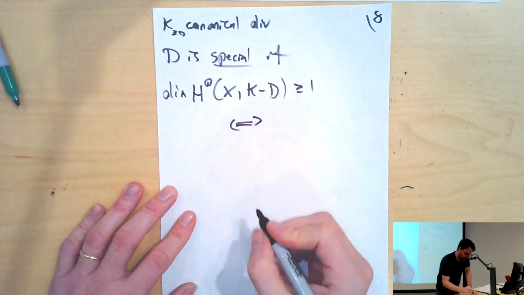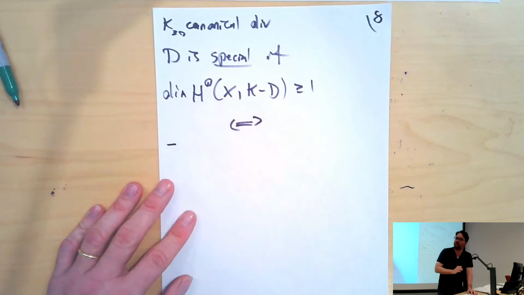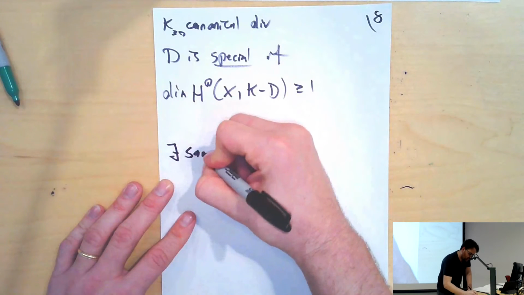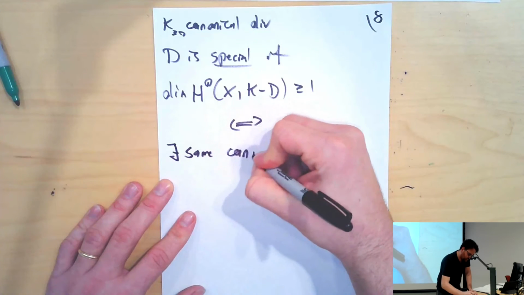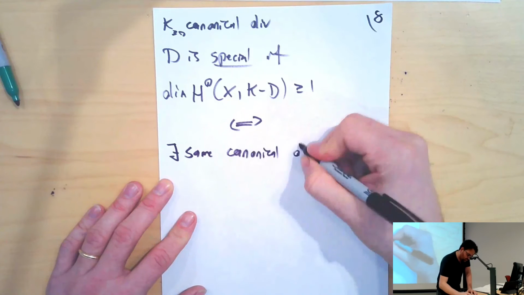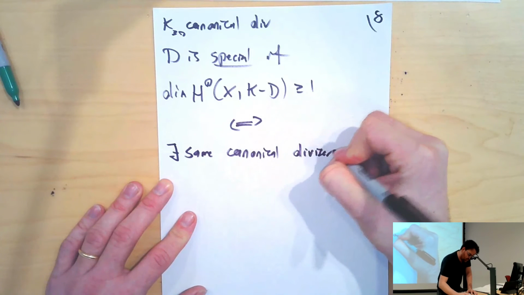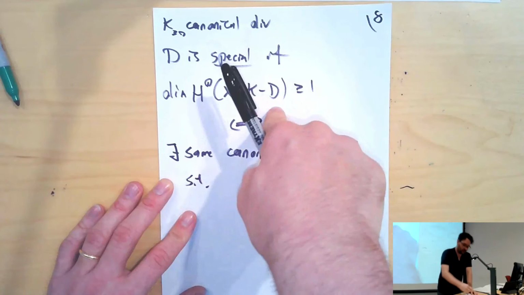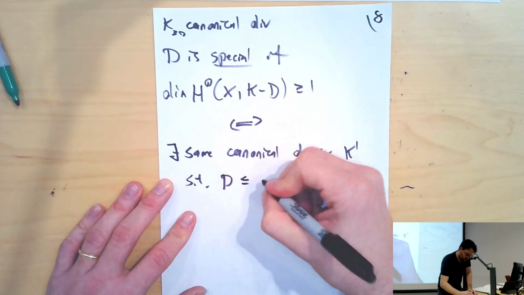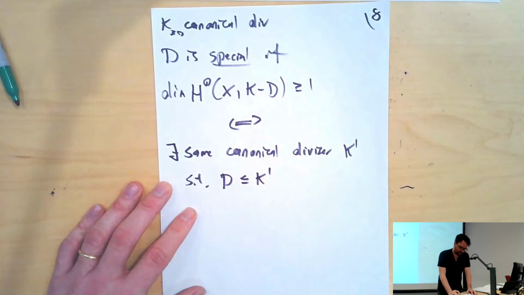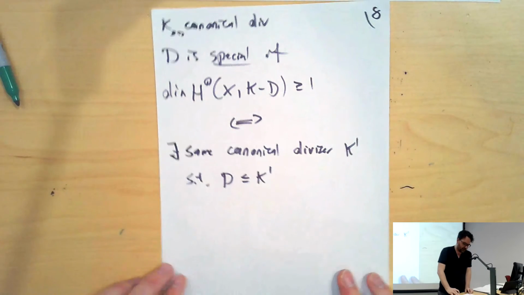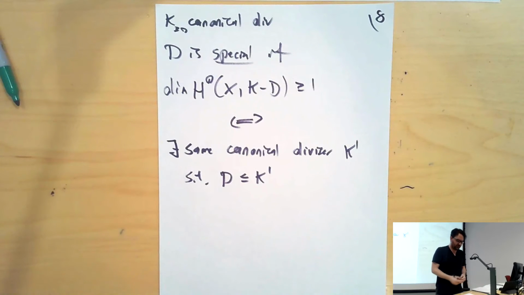But this is equivalent to saying that there's some canonical divisor K prime which contains D in its support. So again, a divisor is special if it appears as part of the support of an effective canonical divisor.